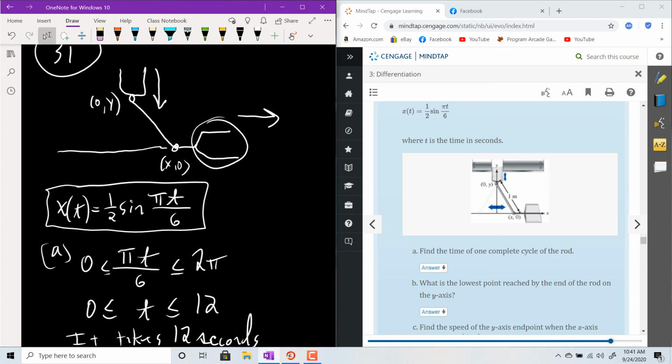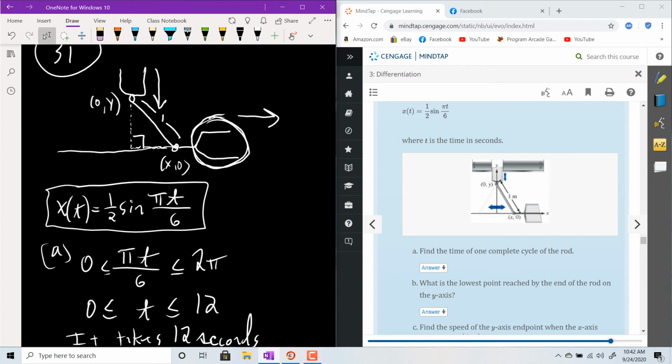If you can find where the x is at a maximum value, then you've found the time at least where y will be at its minimum. We can exploit a relationship between x and y using, again, the Pythagorean theorem: x squared plus y squared equals 1, because the length of this part here is 1 meter.